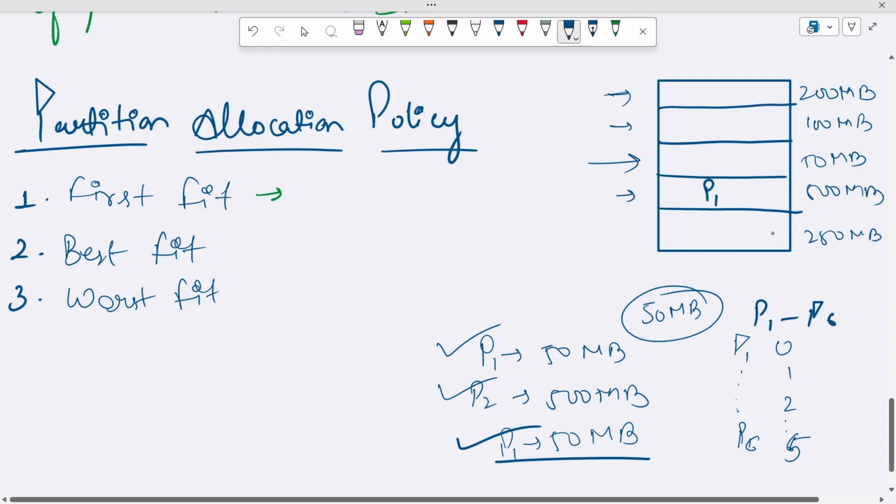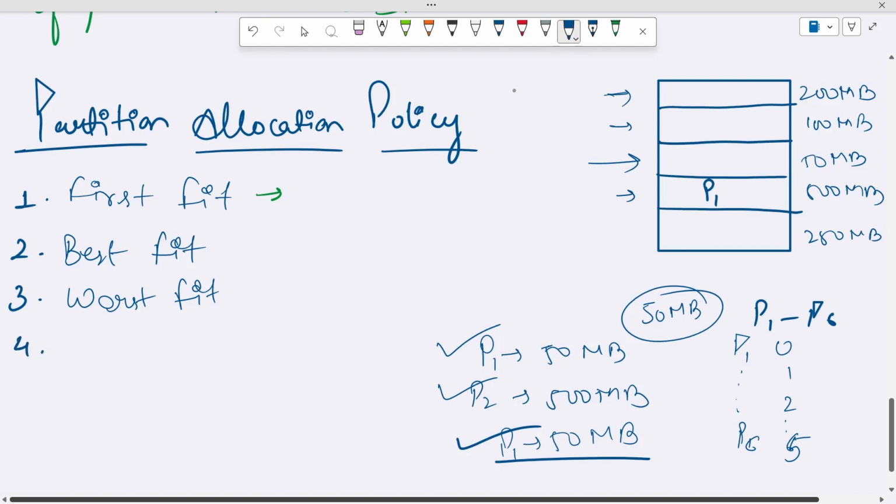P1 could go to the first, second, third, or fifth block, any block, but it goes to the block which has the largest memory space. This is called worst fit.